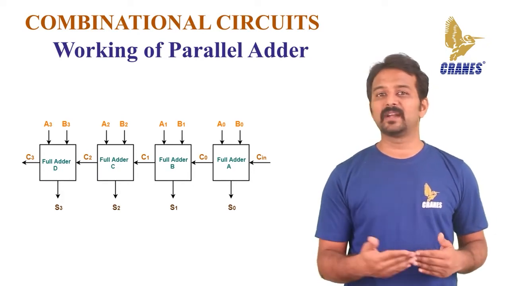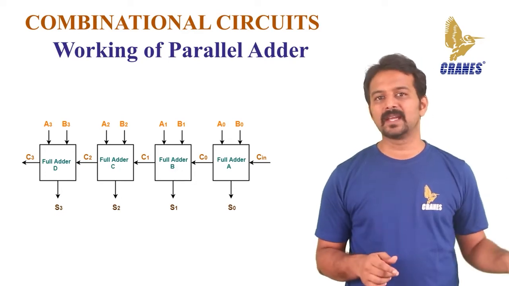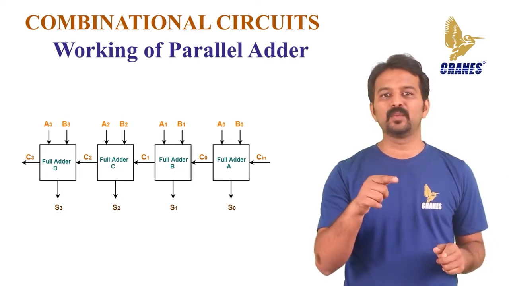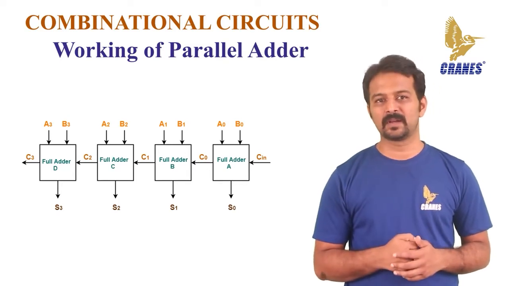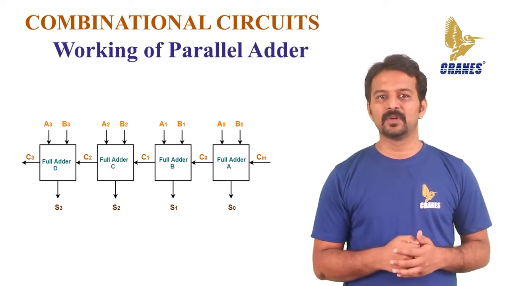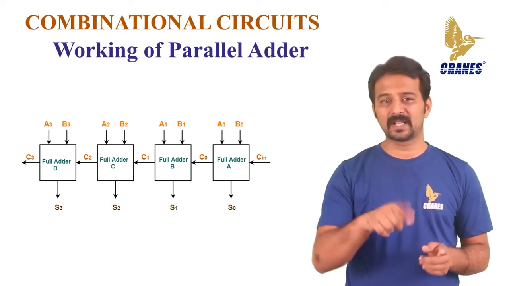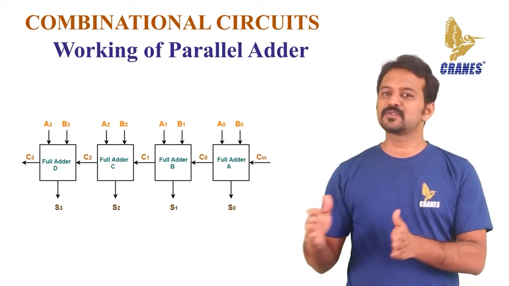Next, the full adder FAB uses this carry bit, C1, to add with the input bits A1 and B1 to generate the sum S1 and carry C2, which is again connected to the next adder in the chain, and so on.